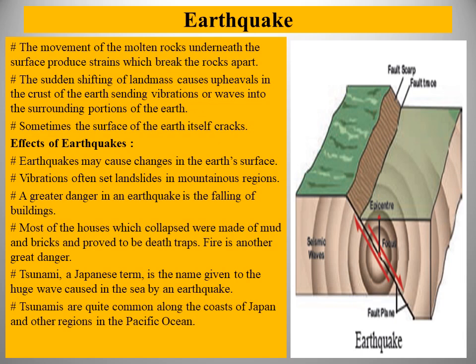Tsunamis are quite common along the coasts of Japan and other regions in the Pacific Ocean. Why do we go to Japan? Do you know? On 26 December 2004, a tsunami in the Indian Ocean swept the coastal areas of Indonesia, India, Sri Lanka, Thailand, etc. They caused immense damage to life and property in the coastal areas.